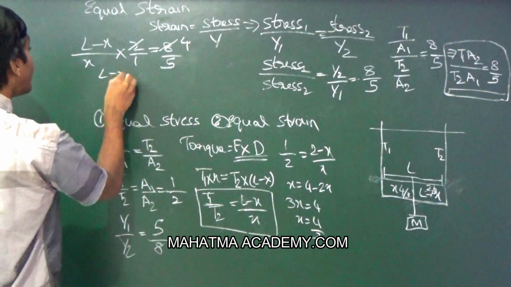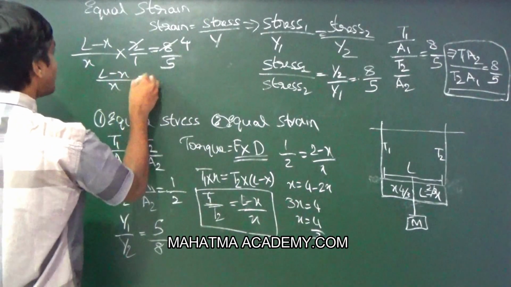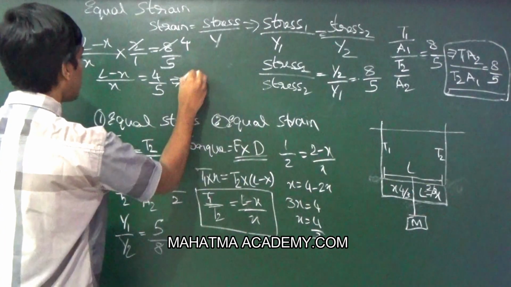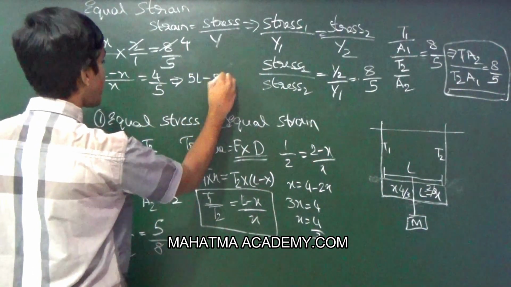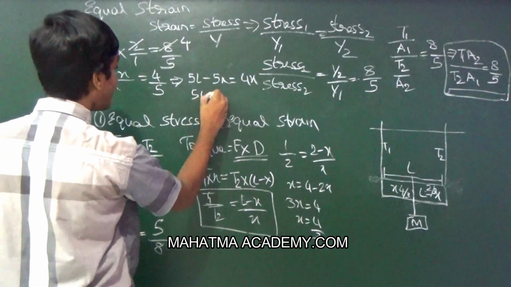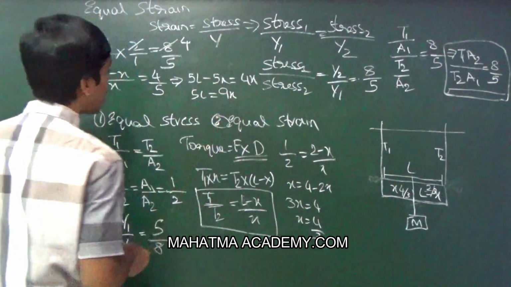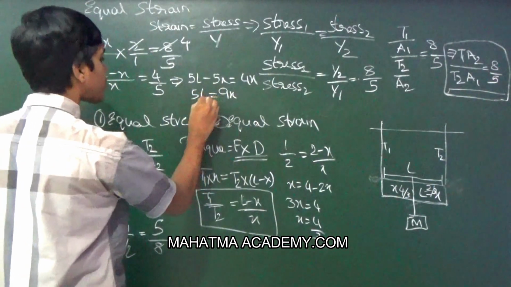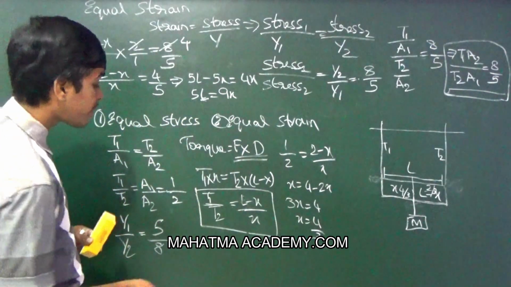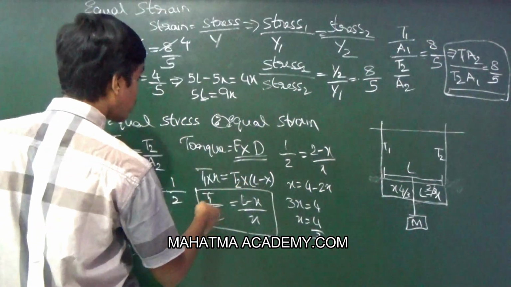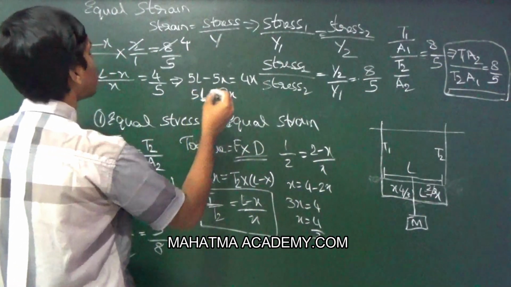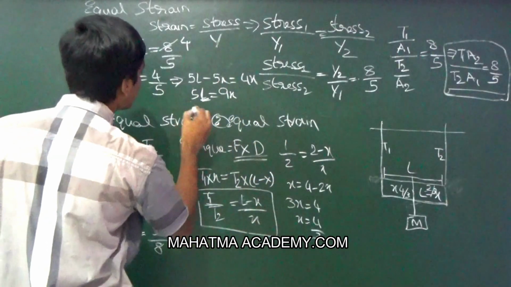So L minus X by X is equal to 4 by 5. Now from this 5L minus 5X is equal to 4X, so 5L is equal to 9X. Now they have given the value of L, L is equal to 2.